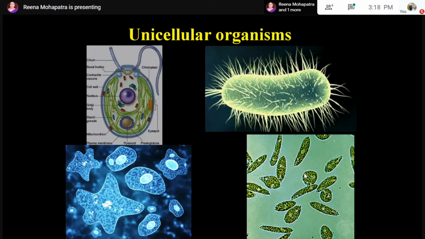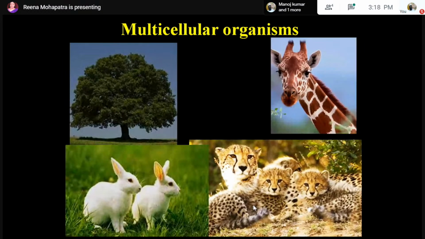In the second group, we keep multicellular organisms. In multicellular organisms, if you look at the slide, you can find higher plants and animals.